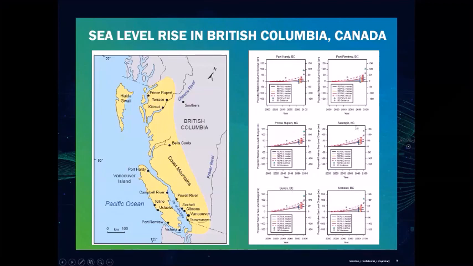Port Renfrew is about 0.7 meter, and Euclid is almost the same. And for Surrey, by 2100 we are expecting about a meter. It's right here, this is Vancouver.